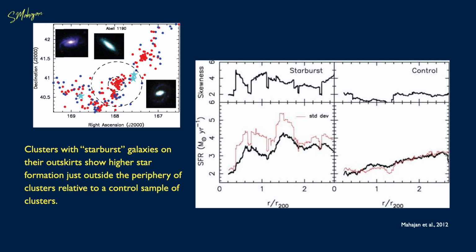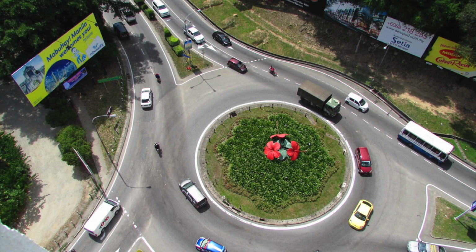In a 2012 study conducted by our research group, we found that when galaxy clusters are split into 2 categories, such that one of them had at least one bright, high star formation galaxy called a starburst close to its periphery, the stacked distribution of star formation rate as a function of the distance from the center of the cluster showed an enhancement in the average star formation rate of galaxies on the boundary of clusters relative to the control sample.